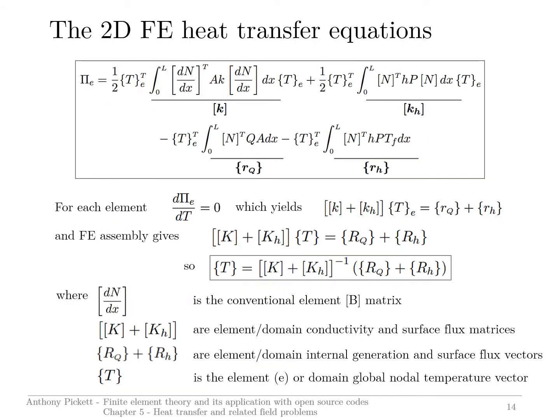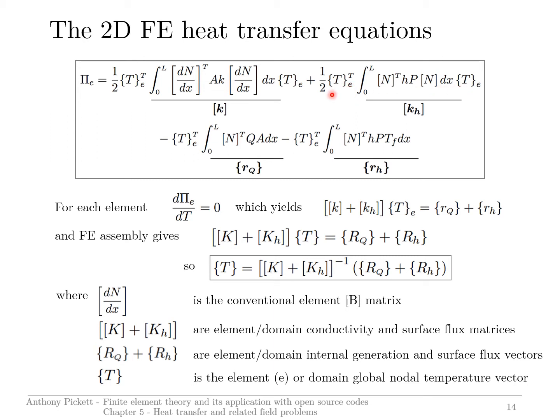If we differentiate that functional on the previous slide, so we're now doing this in order to find the minimum, and this is a stationary point again, we will obtain this expression here, where K is given by this, KH is given by this, T is our temperatures, nodal temperatures for the element.